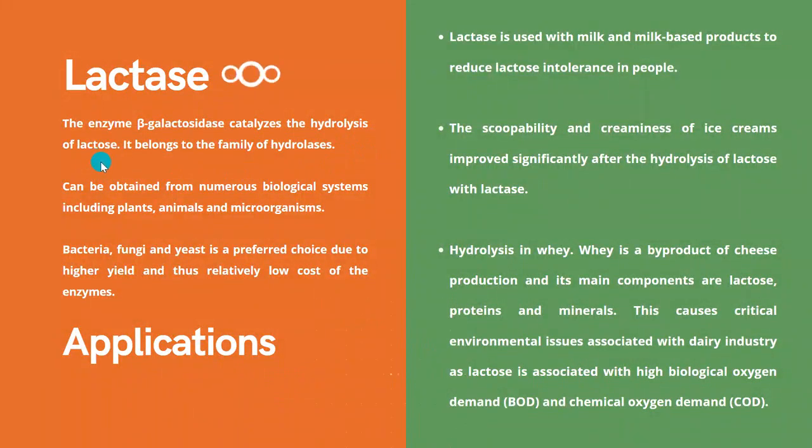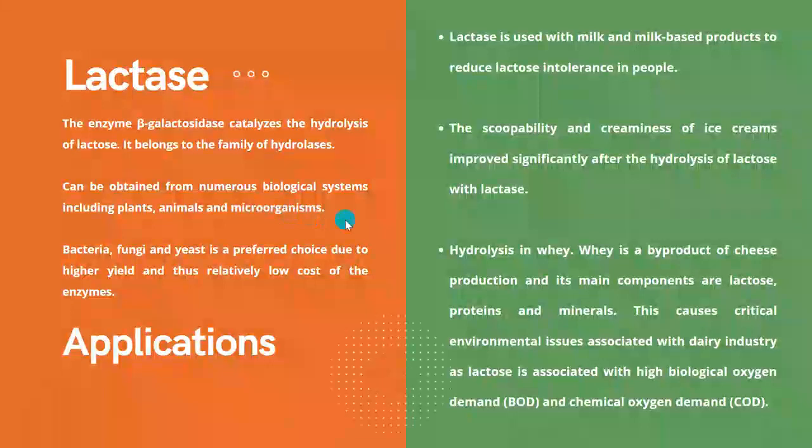Lactose, as you all know, is a milk sugar, and from the name also you can recognize that lactase enzyme definitely has something to do with lactose. It belongs to the family of hydrolases, and it can be obtained from numerous biological systems including plants, animals, and microorganisms, right? So lactases can be obtained from multiple sources, but microorganisms are the preferred source.